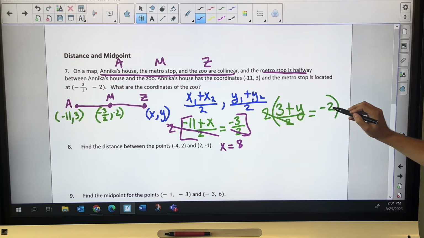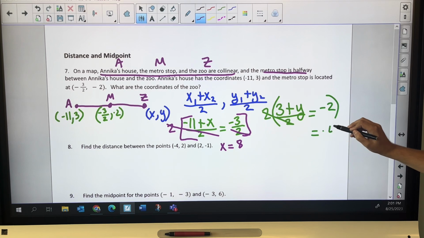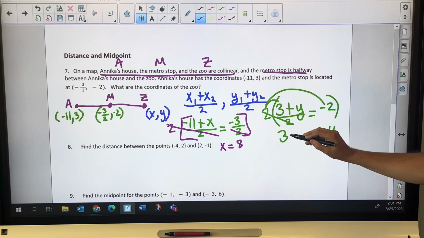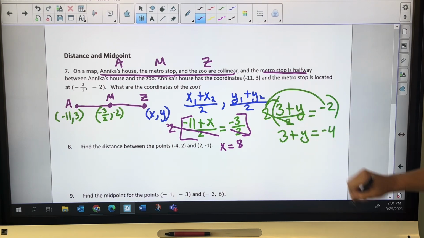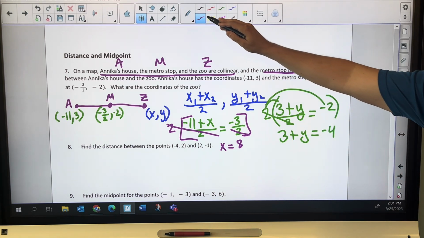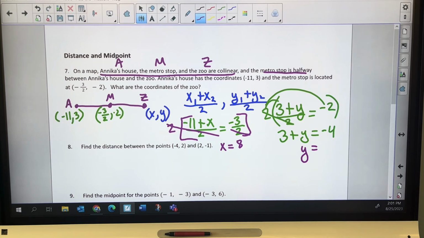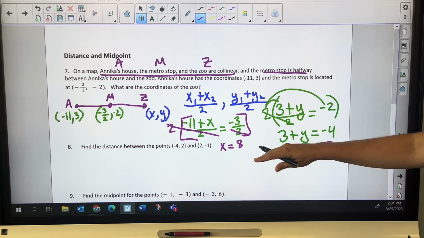That's going to cancel out. And that's going to turn into -4 because -2 times 2. Remember, we're distributing to both sides. And 3 plus y. That 2 got canceled out. And we end up knowing that y is equal to, subtract 3, -7. All right, we've got our 2 points.